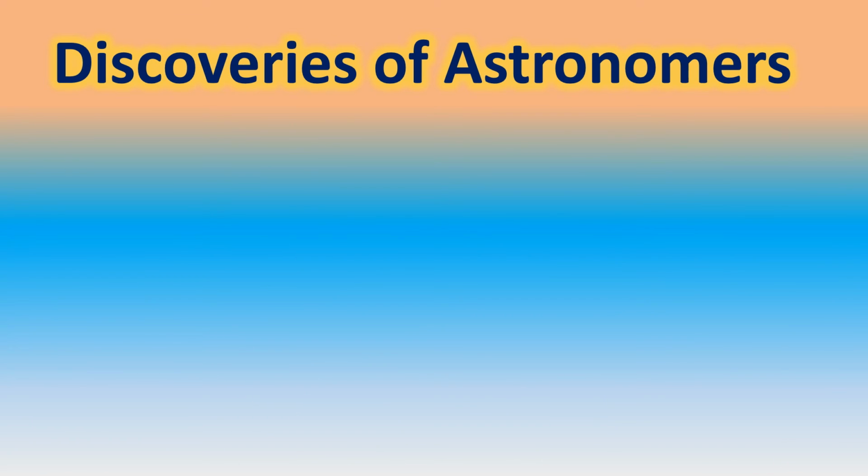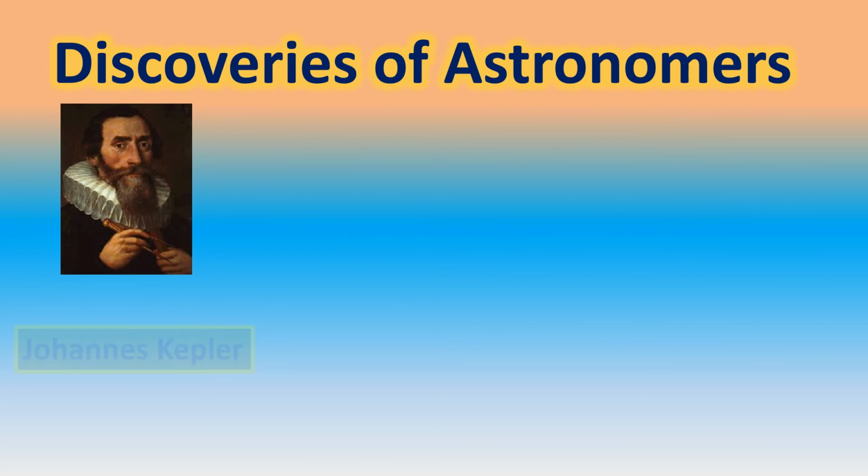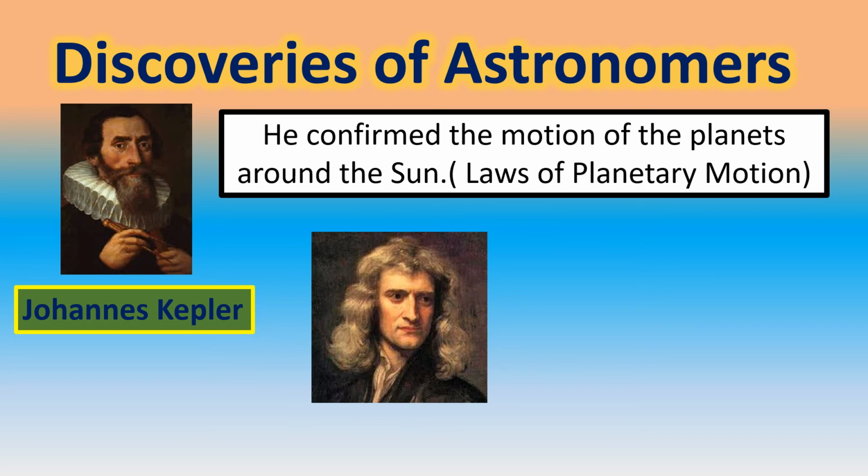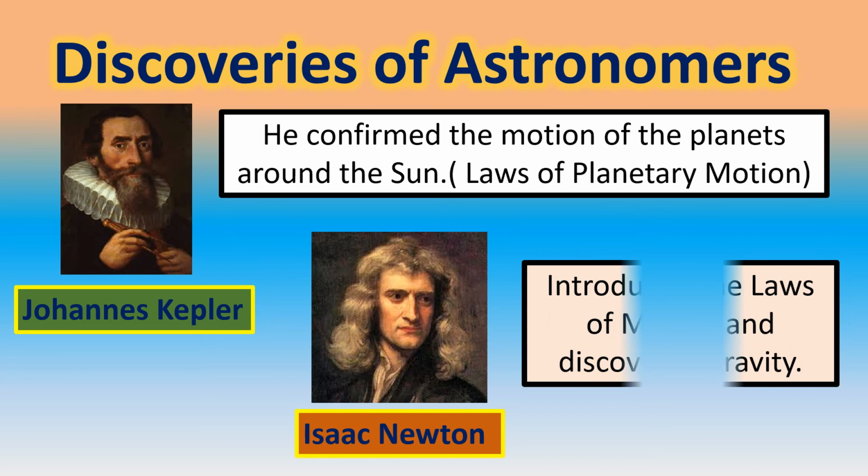Finally, in the 17th century, the mathematician Johannes Kepler confirmed the motion of the planets around the Sun. And another astronomer, Isaac Newton, with his laws of motion and discovery of gravity, provided a scientific explanation for the work done by Al-Kushi and Nicolas Copernicus.